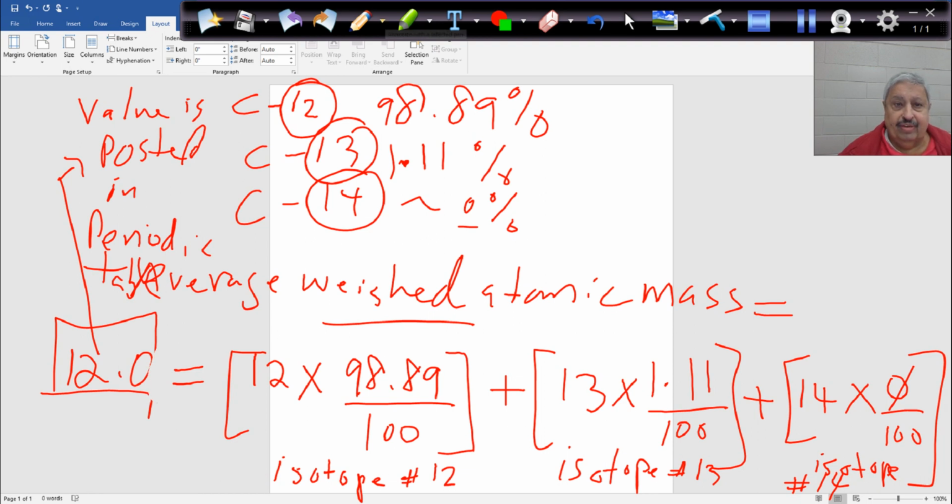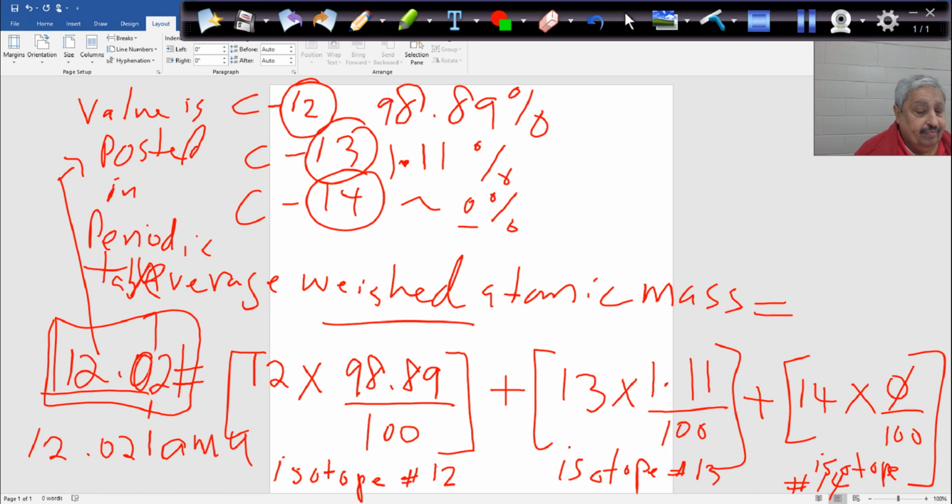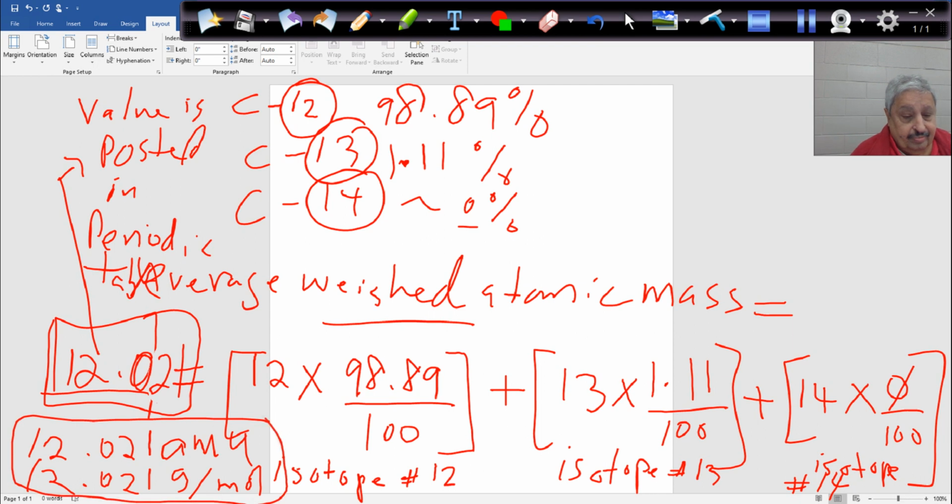The unit is AMU, atomic mass unit, or 12.021 grams per mole. This is the atomic mass recorded, which comes from the calculation according to the abundance in nature. You can verify it; it should come out the same.